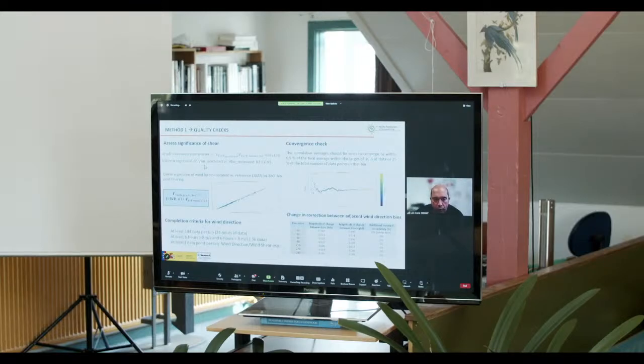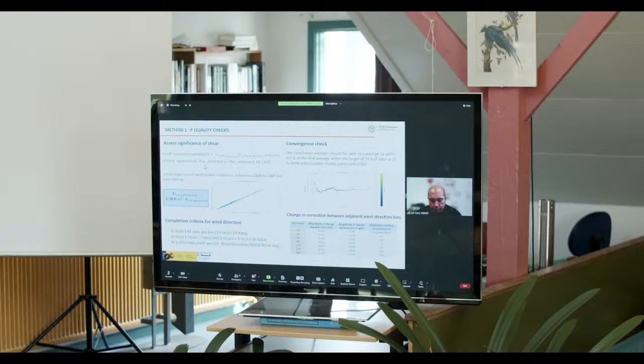Well, we have also done the quality checks that are set out in the IEC standard. We have assessed the significance of the linear regression for each wind direction bin. We have also fulfilled the completion criteria for wind direction.